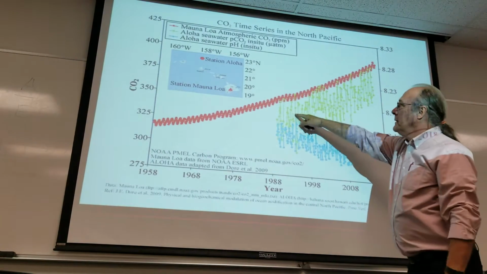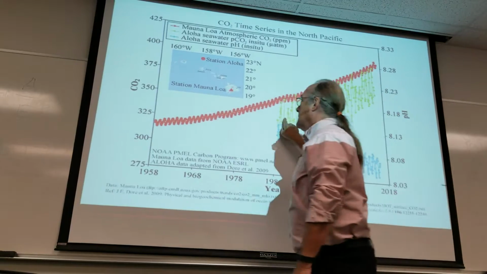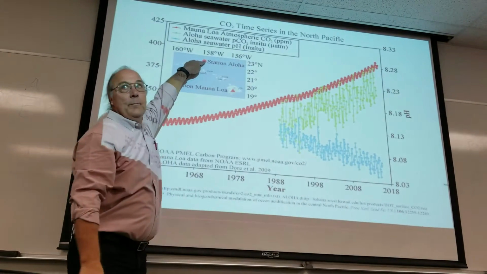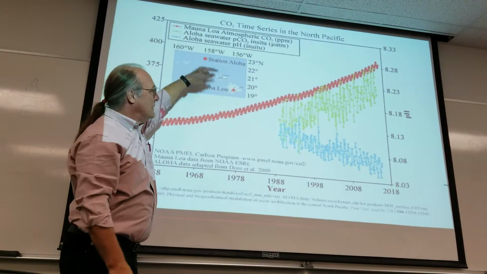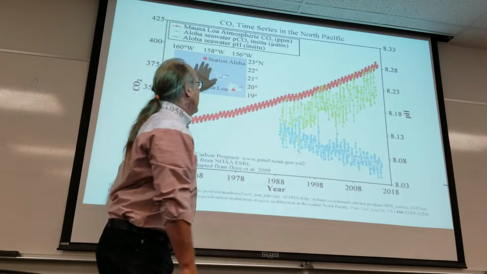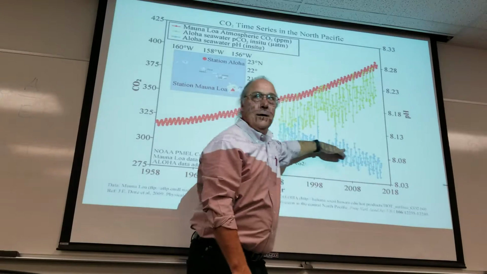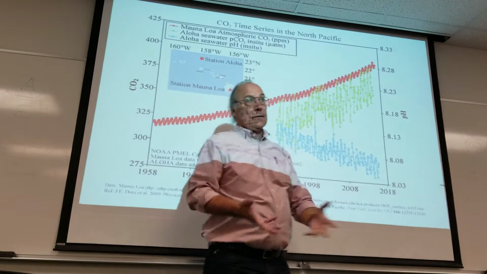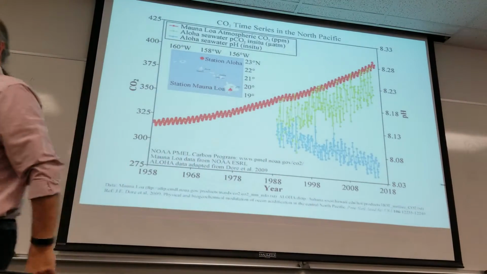Here is the CO2 concentration in seawater measured right here. That's also increasing, parallel to this. And here's the pH of that seawater, decreasing because you dissolve more CO2 in the water, it gets more acidic.